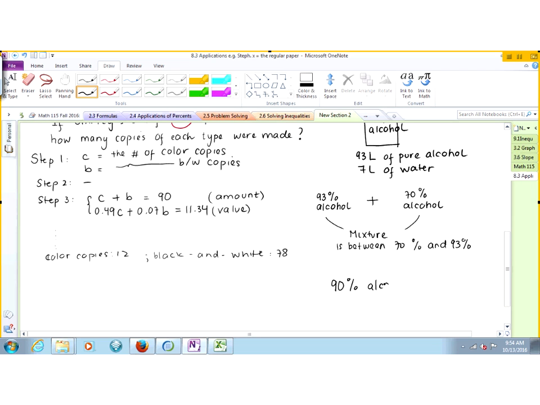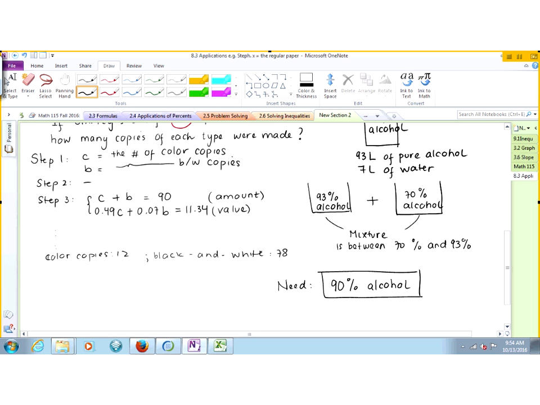All right. Now my next question is, if I want 90% alcohol, and you're mixing these two, 93% and 70%, which one do you put more? So this is what I need. I need 90% alcohol, and I have these two solutions.